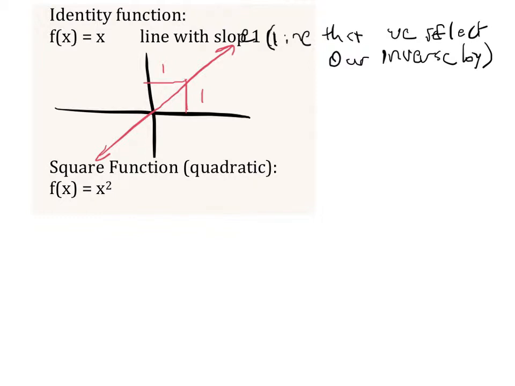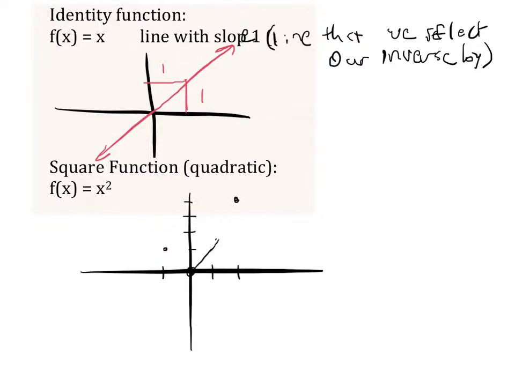All right, and our square function or quadratic function, made up of a parabola centered at 0, 0, and if I go out 1, I go up 1, and if I go out the other way 1, I go up 1, if I go out 2, I go up 4. And the other side mirrors it.